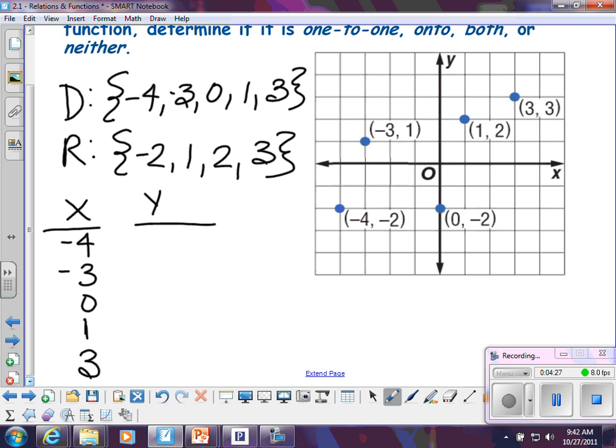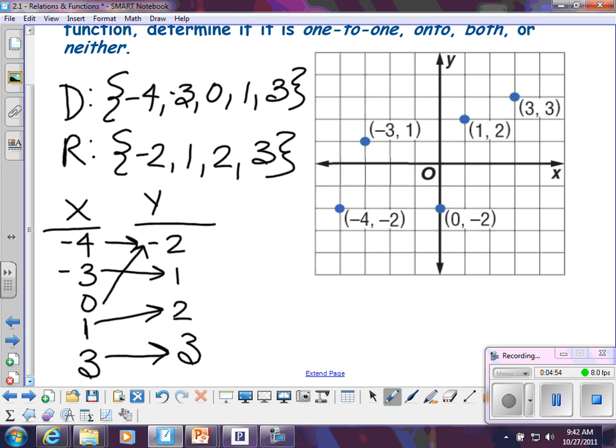Then my y's are -2, 1, 2, and 3. What does -4 go with? Oops, -2, not -2, -3, 0. Thank you, -2, 1, 3.